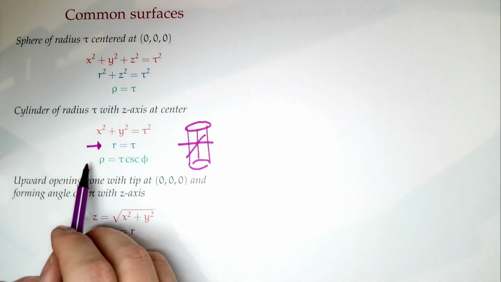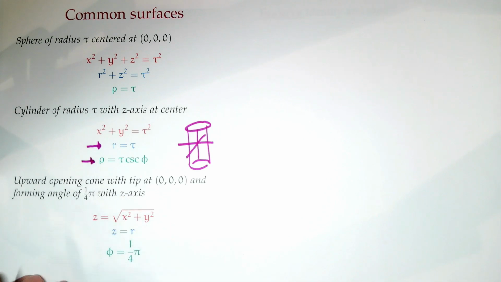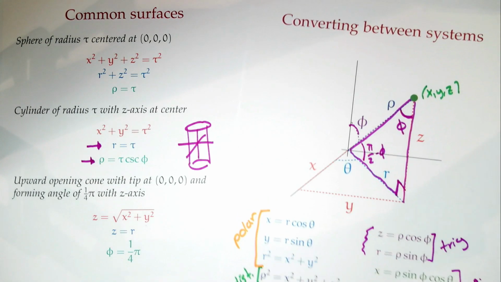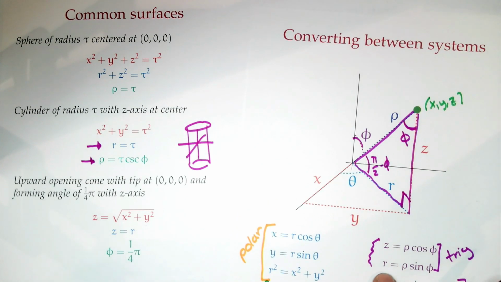Now, this one looks really weird. The moral is, some things get simpler, some things get more complicated. Rho equals tau times cosecant phi. Where did that come from? Well, if you come back to what r is, r is rho sine phi.